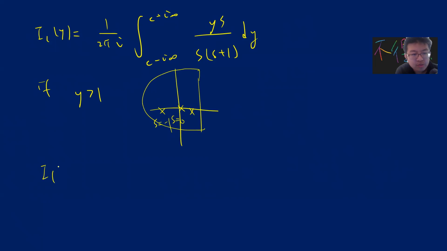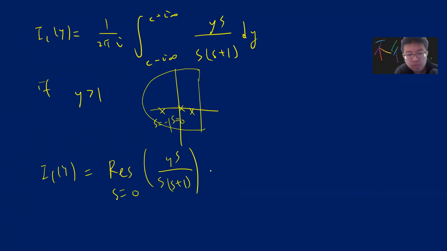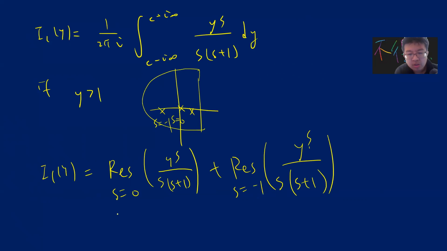So this I1 of y will be the residue of y to the s over s(s plus 1) at s equals 0, plus the residue at s equals -1. First of all, for this one you take 1, and for this one you take 1 over y.